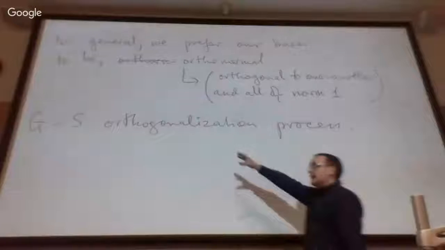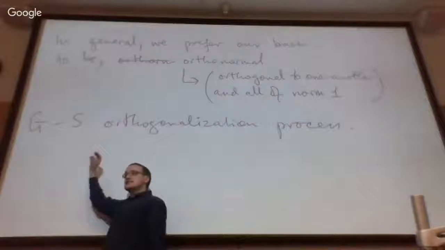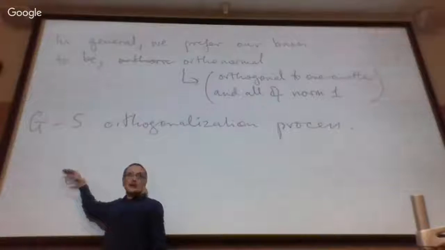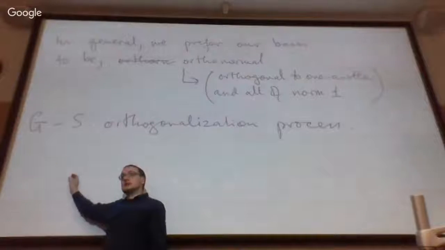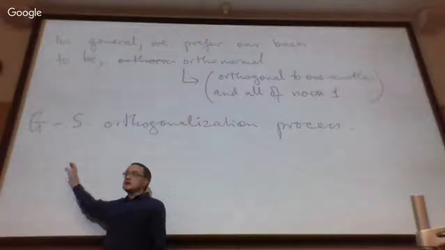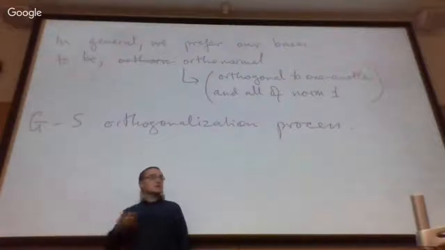So the Gram-Schmidt orthogonalization process, as the name suggests, is an algorithm for taking a general, arbitrary basis for a space, which might not consist of orthogonal vectors.